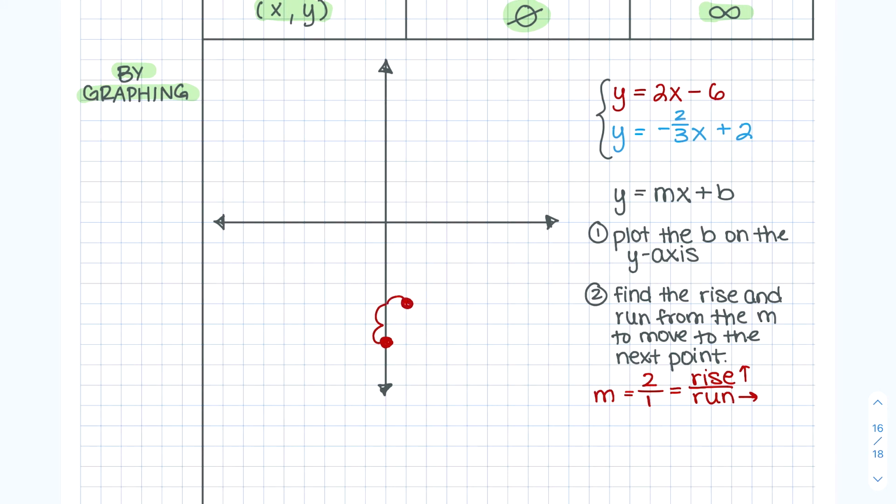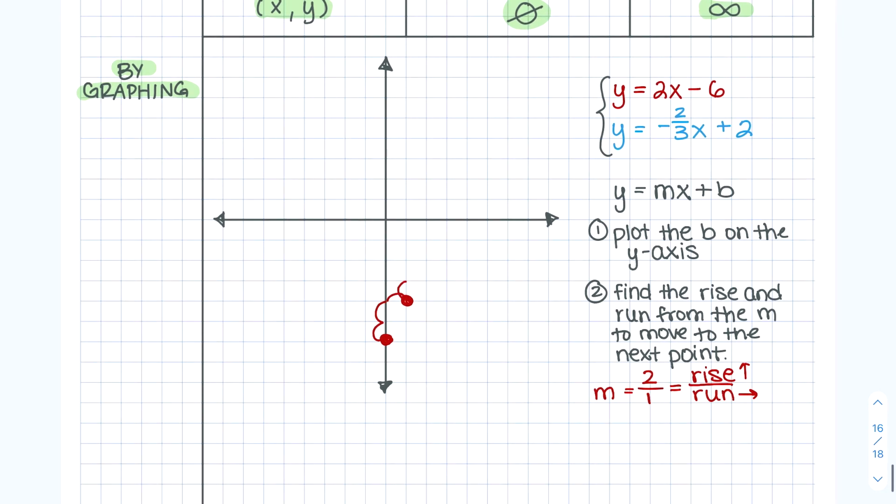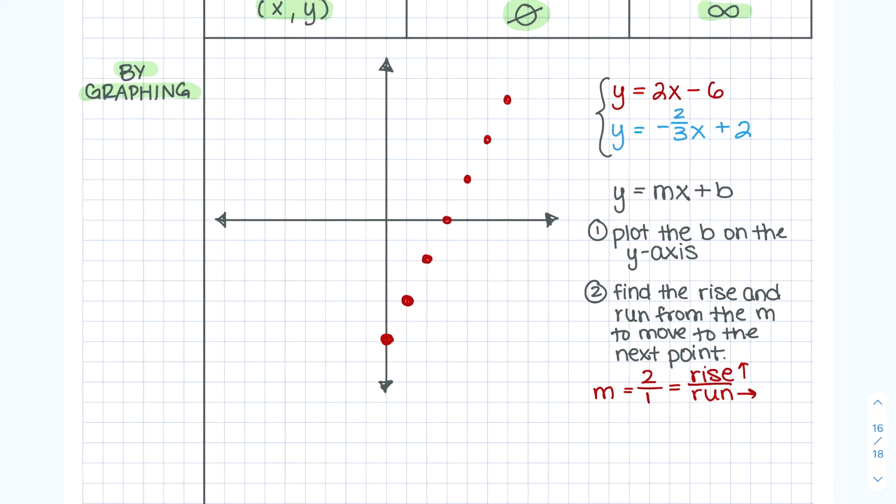This is my next point. Okay? And I'm going to keep doing that. Up 2, over 1. Up 2, over 1, until I don't have any more space. Okay? And I'm just going to erase these lines that I drew.